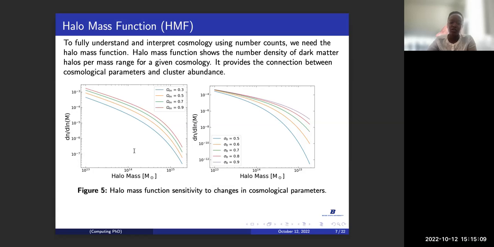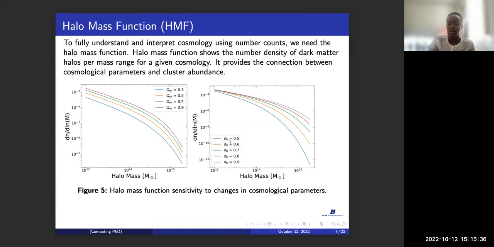So the halo mass function, this plot is from a theoretical analytical model. It shows that as we increase the value of the dark matter, that is the content of dark matter in our universe, the number of low halo masses and high halo masses increases.